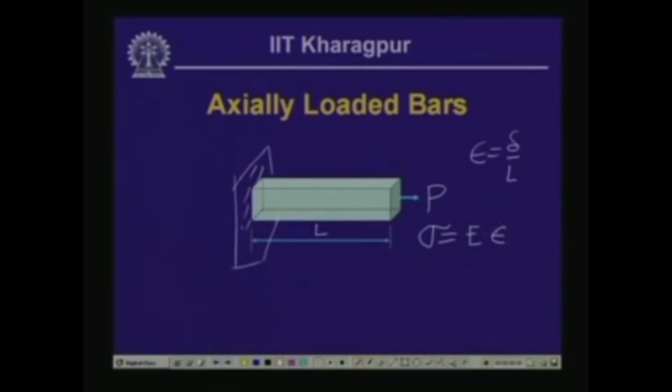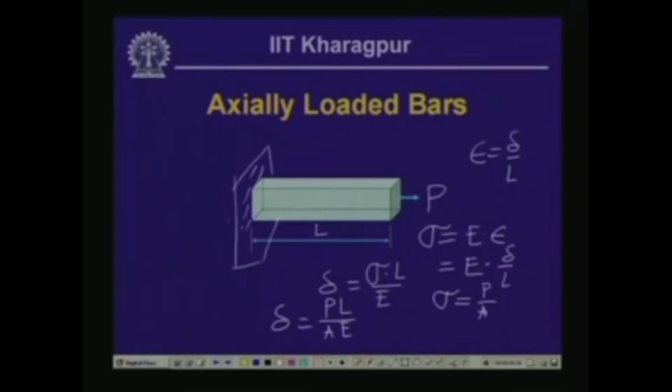So, in place of epsilon, we can write this as E times delta by L. Hence, from this expression we can write the deformation delta is equal to sigma times L by E. And as this is a bar which is axially loaded, the load is acting through the axis of the bar, at any cross section the normal stress sigma is equal to P divided by the cross sectional area, so sigma is equal to P divided by A. If we substitute the value of sigma in this, we get delta equal to P L by A E.